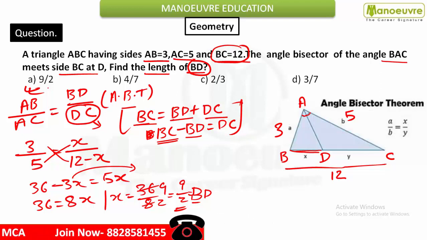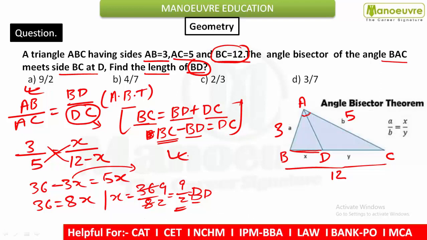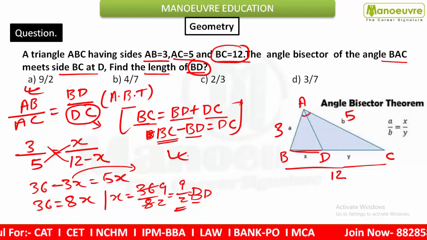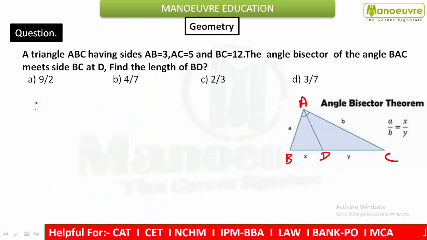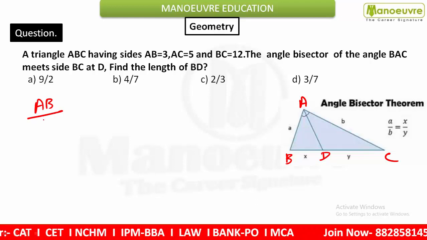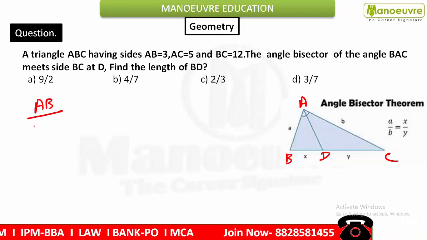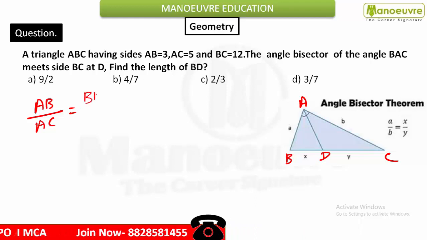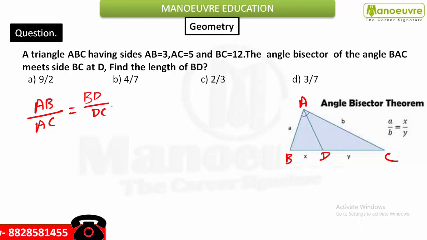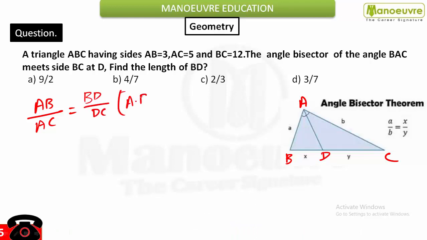So this is how traditionally you can do this question. Now we are going to see the very quick method. You know AB upon AC is equal to BD upon DC. This is the angle bisector theorem.